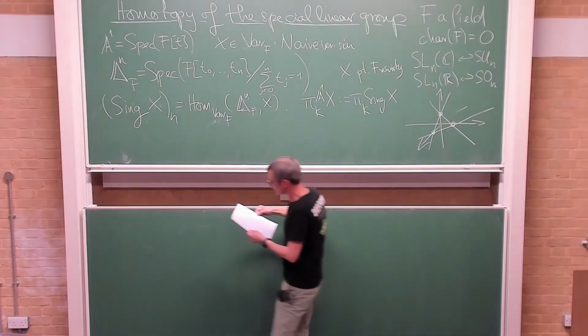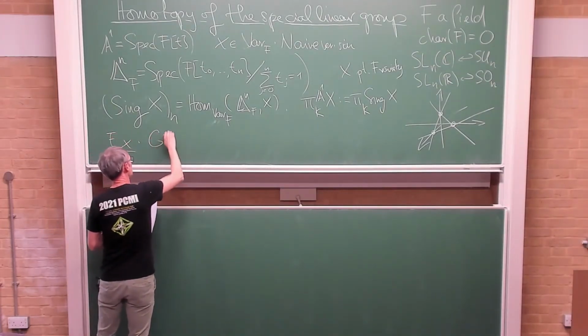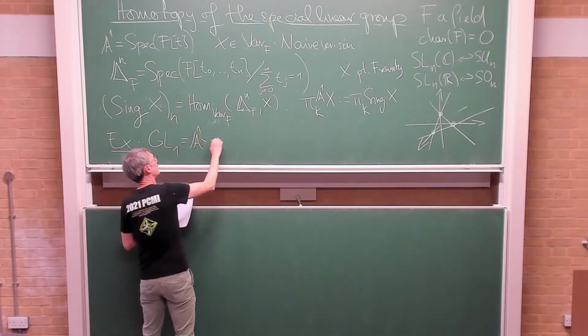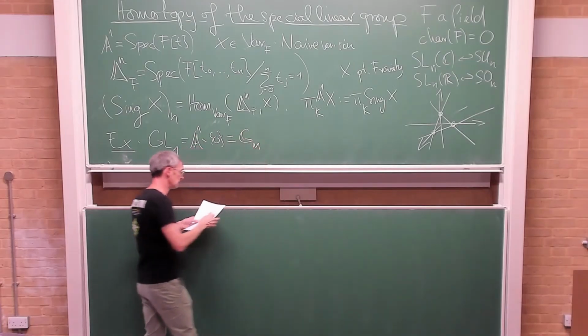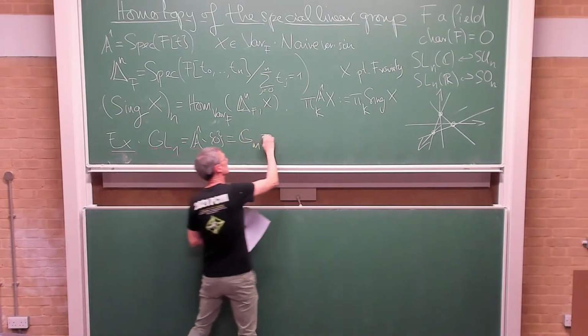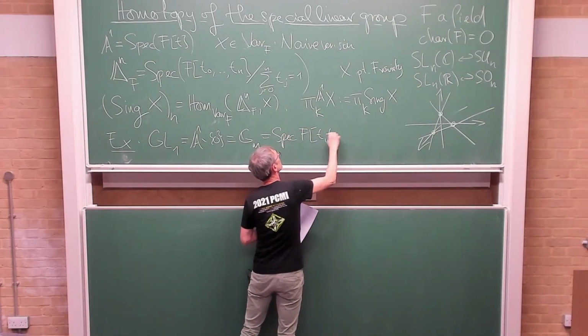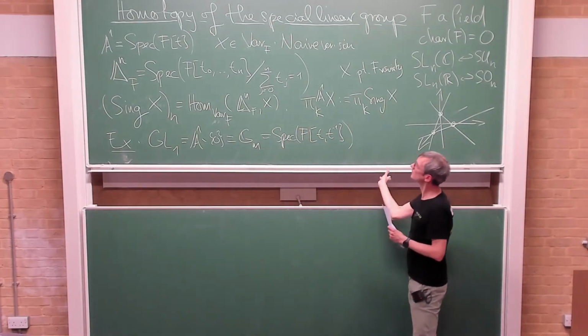Let's start with the group. Let me give many names: GL1, or the affine line minus 0, or the multiplicative group. This is this affine variety.